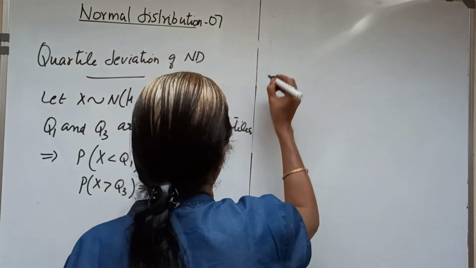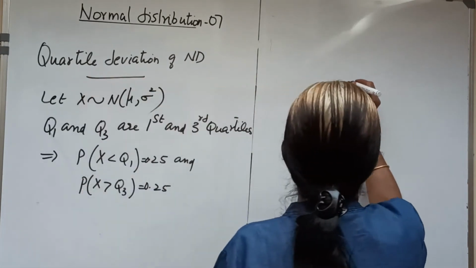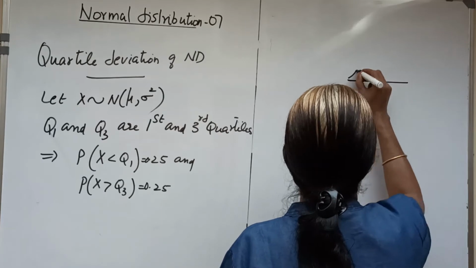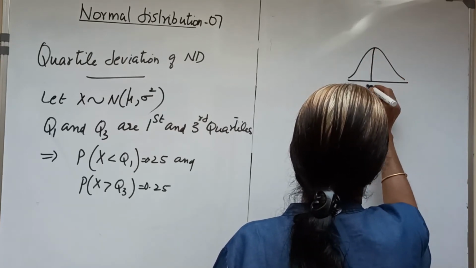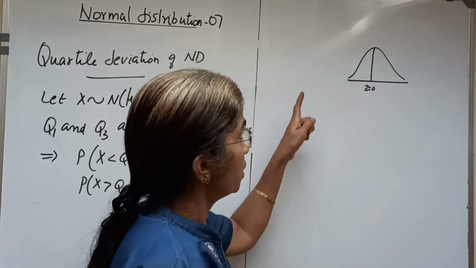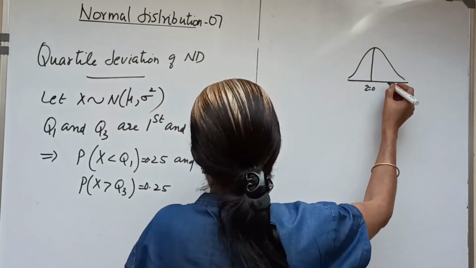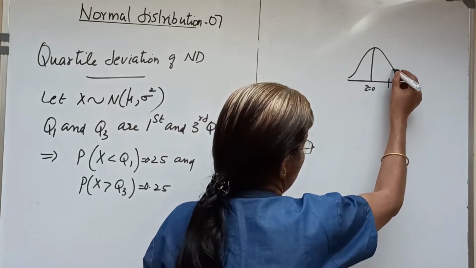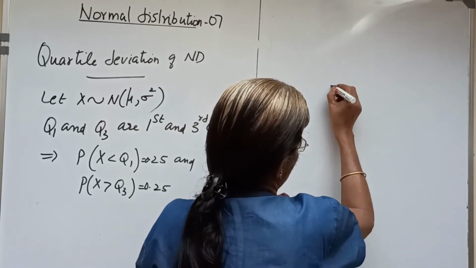Now we consider probability x greater than Q3 and mark it using the normal probability curve. This is the normal curve, which is symmetric at z equal to 0. I am drawing a rough figure. Here the area greater than Q3 is 0.25.